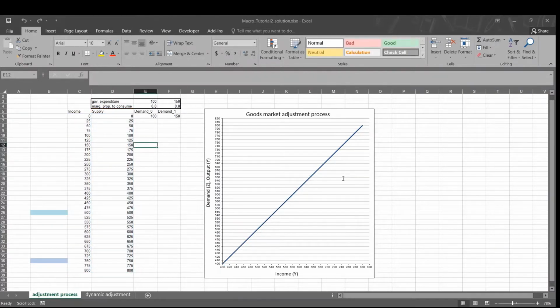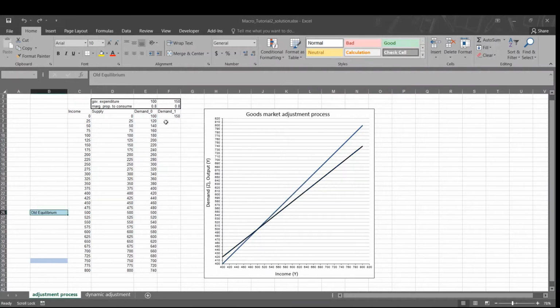But then we have said our government expenditure is 100 and our marginal propensity to consume is 0.8. So our demand is determined by this government expenditure of 100 and marginal propensity to consume of 0.8, considering the previous period income. That would give us our aggregate demand at this condition.